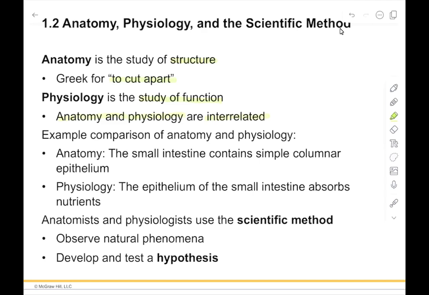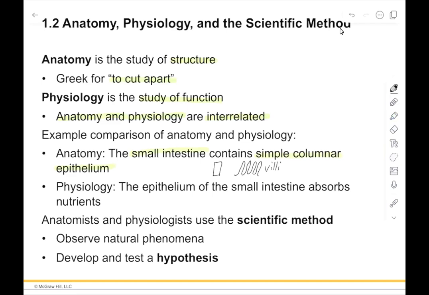So let's talk about some examples of anatomy and physiology. The small intestine specifically contains a type of epithelium, which is called simple columnar epithelium. And that simple columnar epithelium looks like pillars. And on the tip of the plasma membrane are what are called villi.